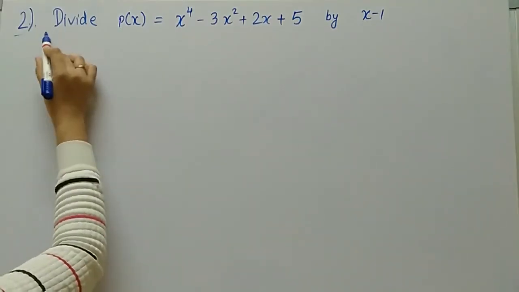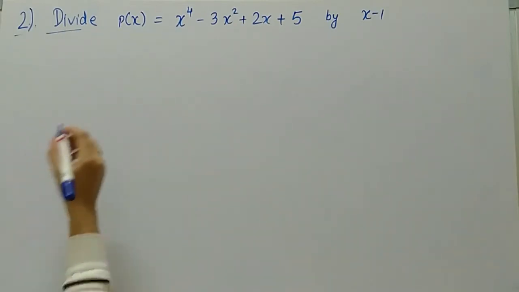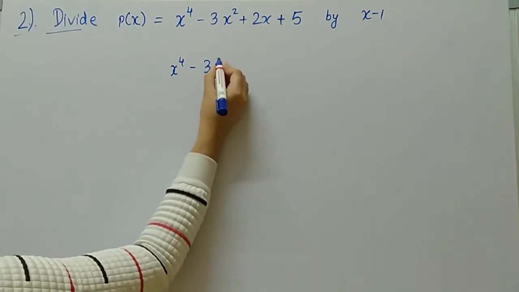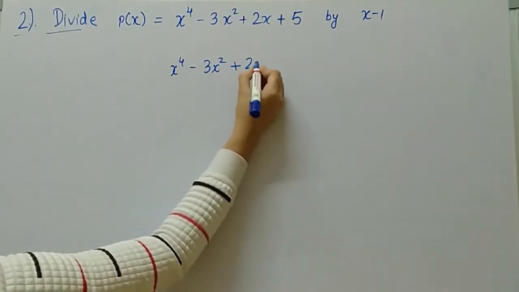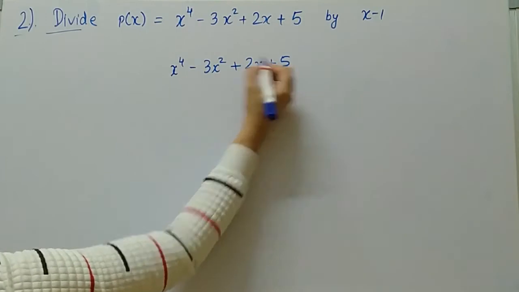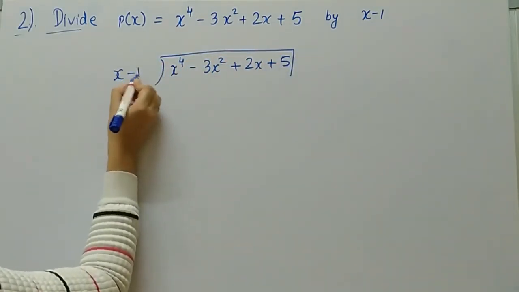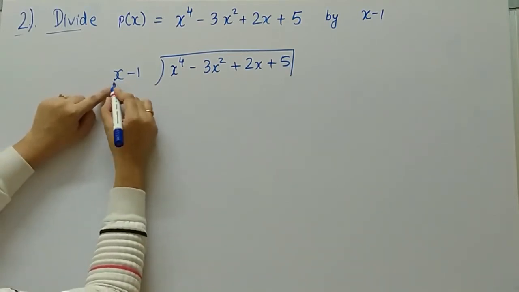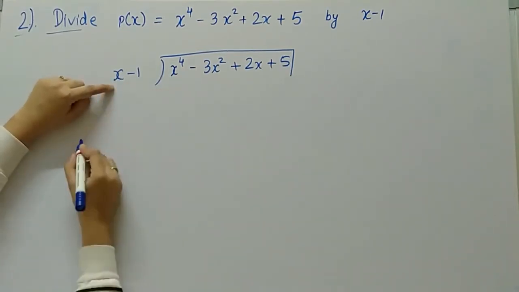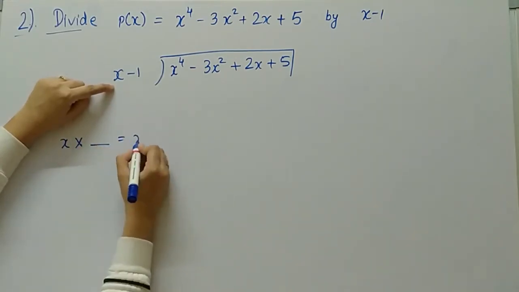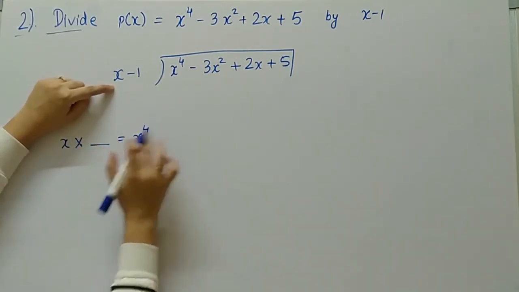Now question number 2. Divide p(x) equal to x to the power 4 minus 3x square plus 2x plus 5 by x minus 1. So now we have to think of a number which when multiplied by x will give x to the power 4.